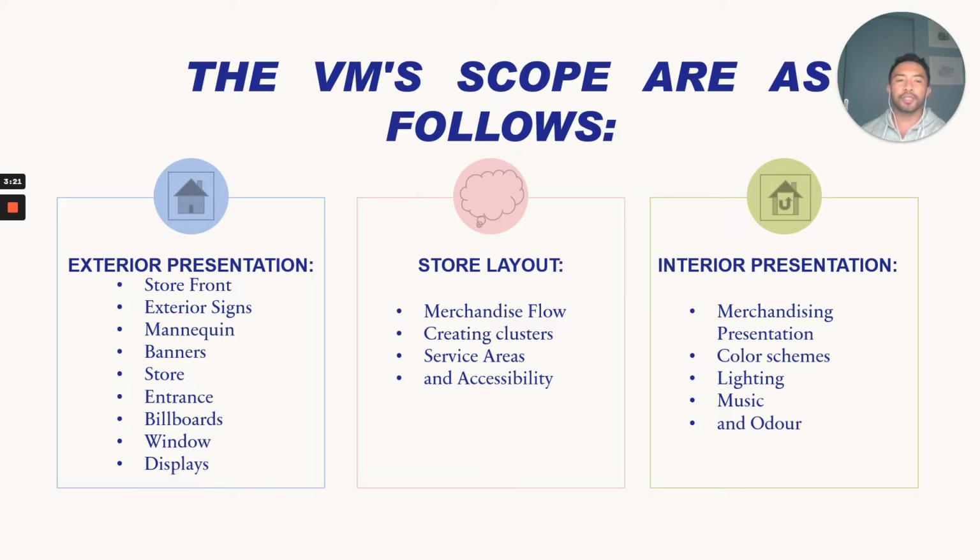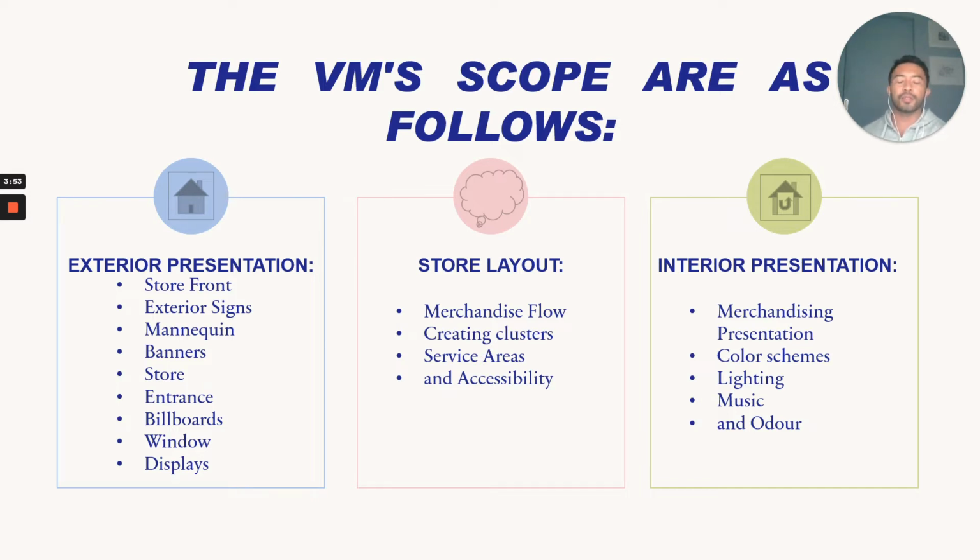Scope, interior presentation: how the merchandise is presented, the color scheme of the overall visual merchandising. This is separate from the interior design color scheme. The visual merchandising color scheme would also change according to the season and the release of new products.